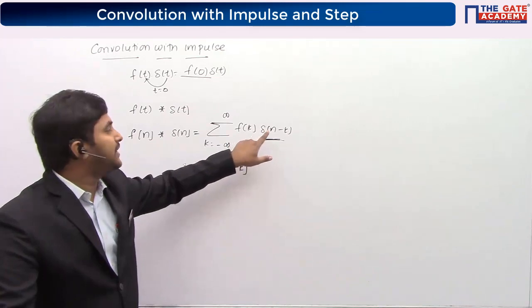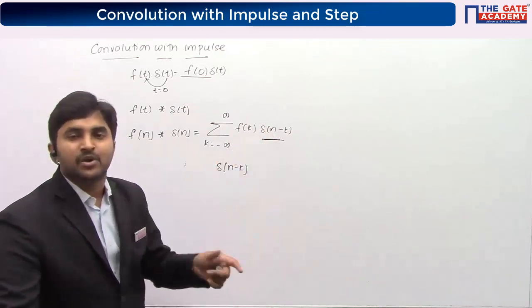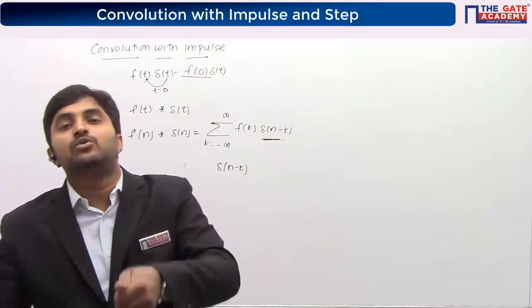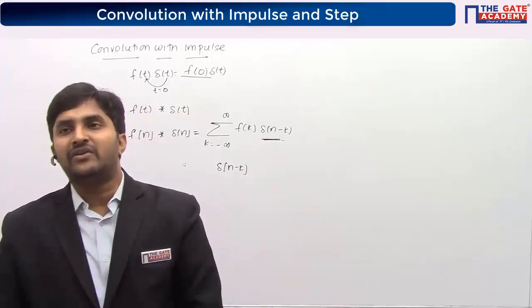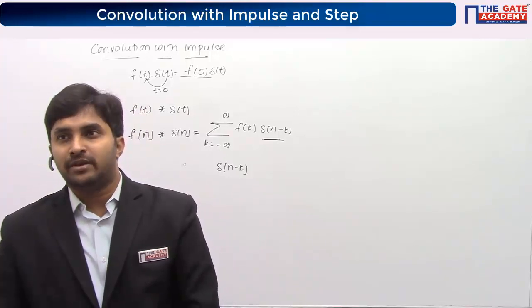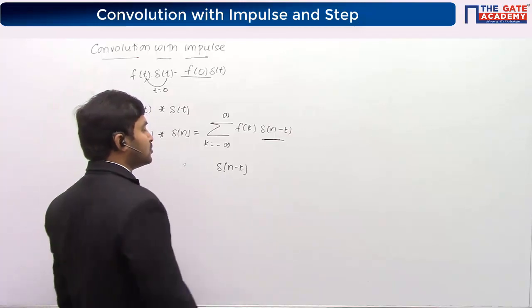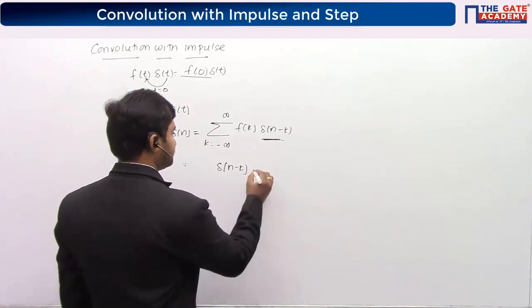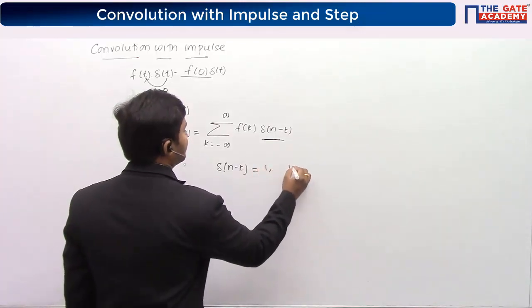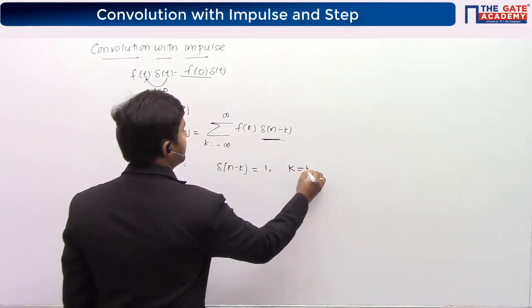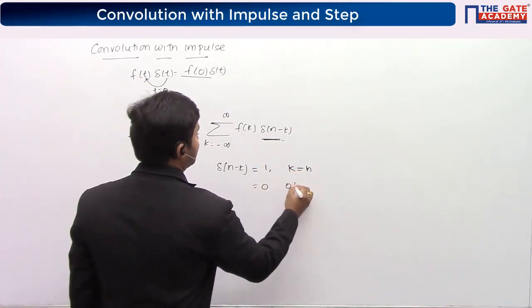So if k is the independent variable, do we have an impulse at n equal to k or k equal to n? Yes, very good. This is equal to 1 for k equal to n, and it is equal to 0 otherwise.